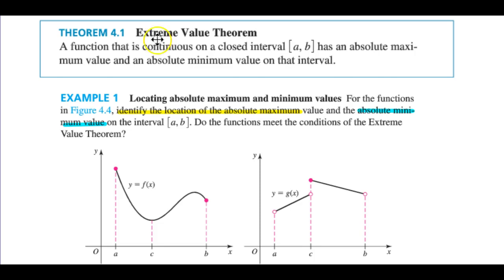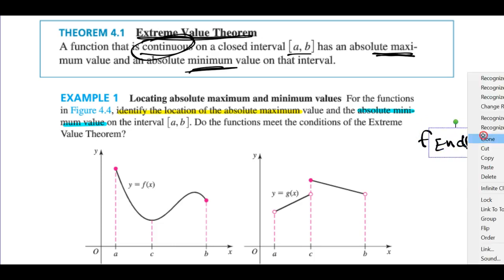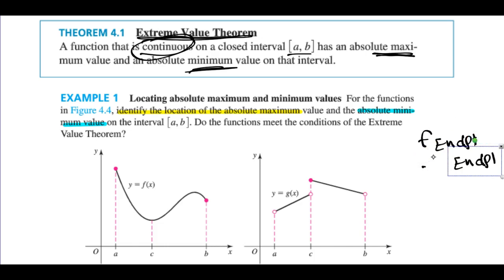So the first theorem that we get is the extreme value theorem, which says if it's continuous, we are going to find, over some interval, a max and a min. It's got to have a max and a min. And to test for that, you just plug in your endpoints and any kind of critical values, which we'll discuss in a moment.